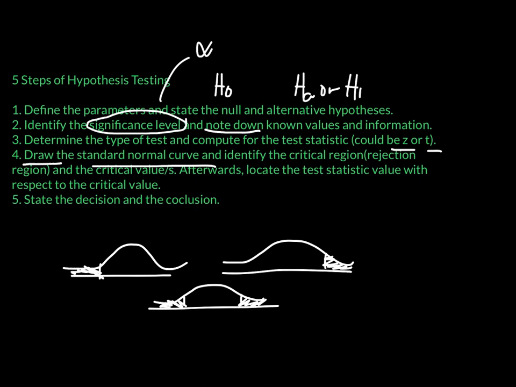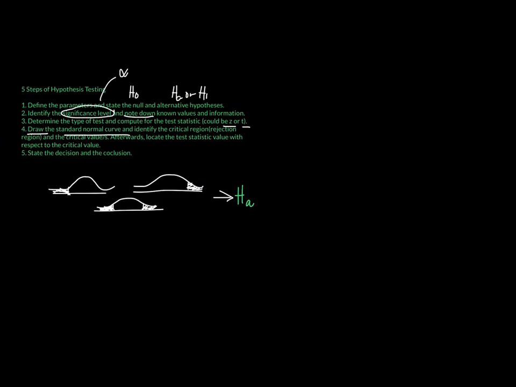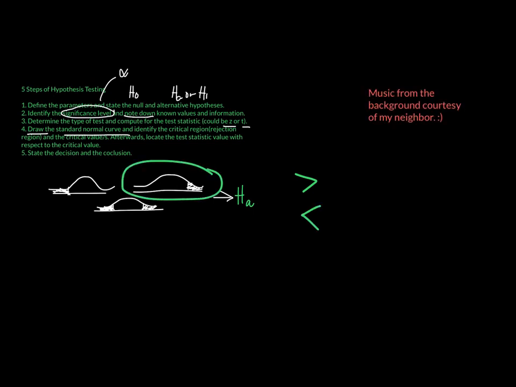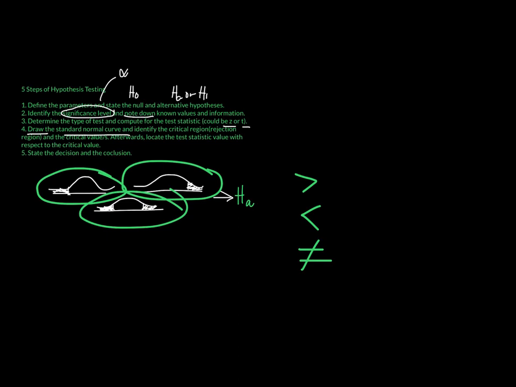And this diagram will highly depend on the alternative hypothesis or HA. If it says greater than, that means you use the right-tailed. If it says less than, you use the left-tailed. And if it says not equal, then you use two-tailed.